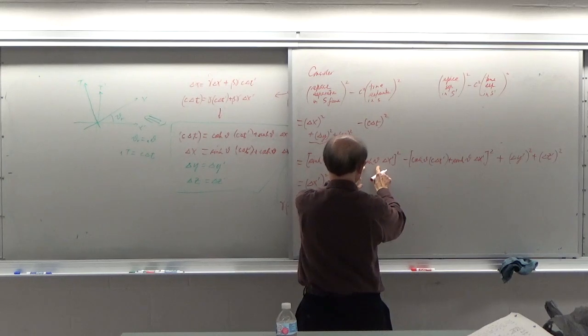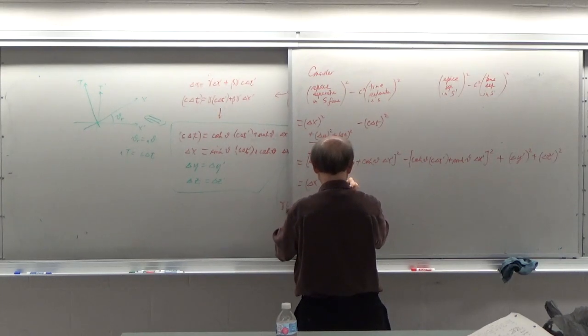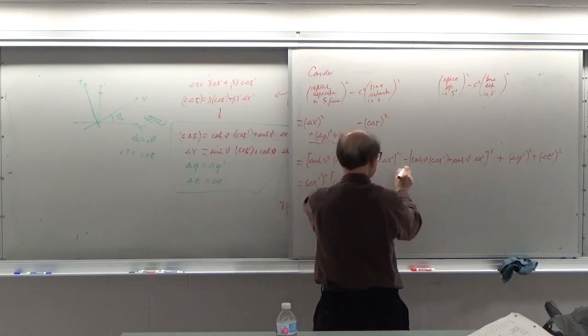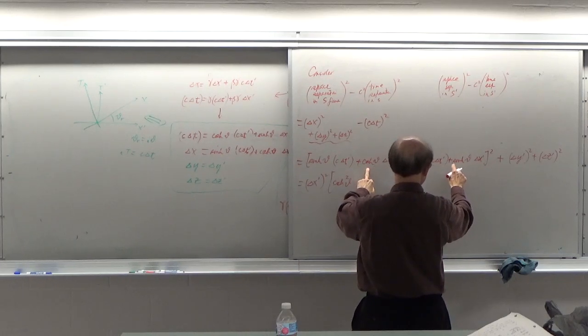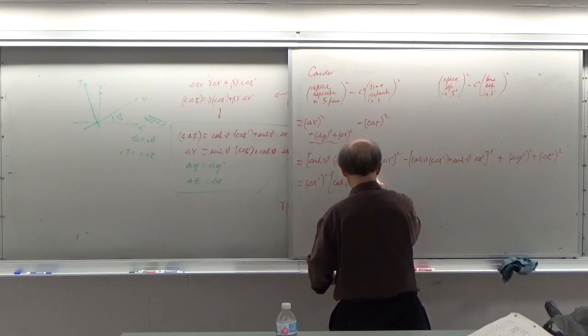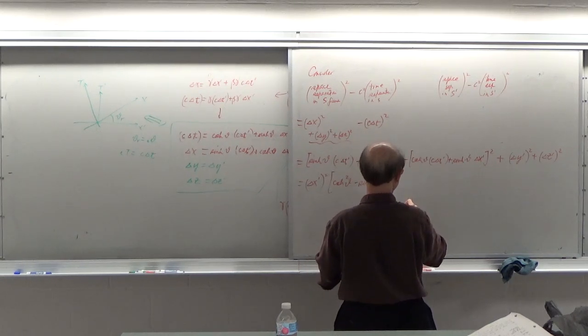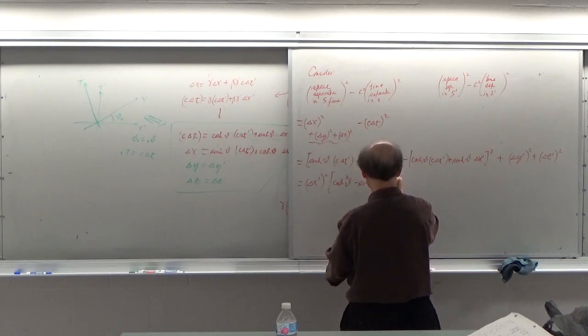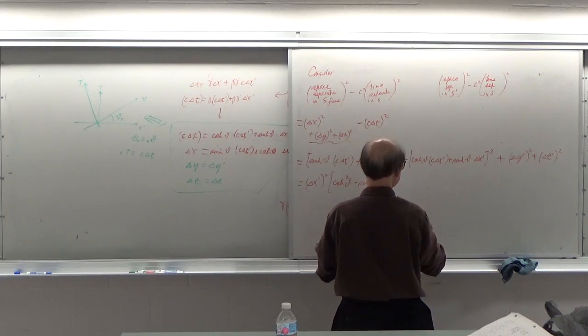There is cos squared theta, and then there is sinh with the minus sign, minus sinh squared theta. Correct? All right.